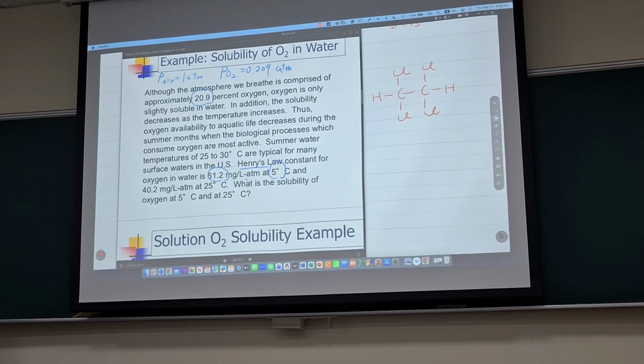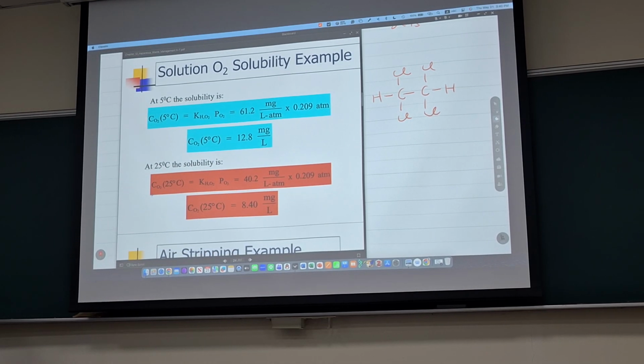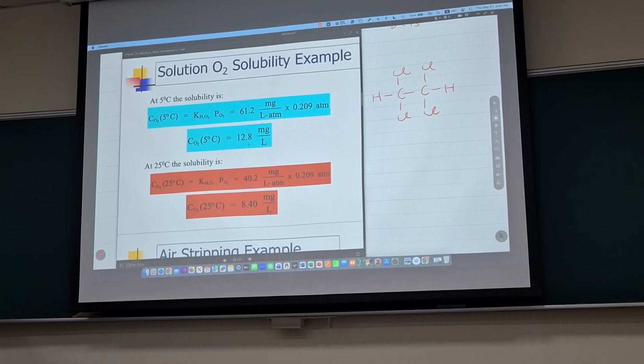At 25 degrees Celsius, the Henry's law constant will be 40.2. So the solubilities will be calculated like this, simple as that. So the symbol is this.